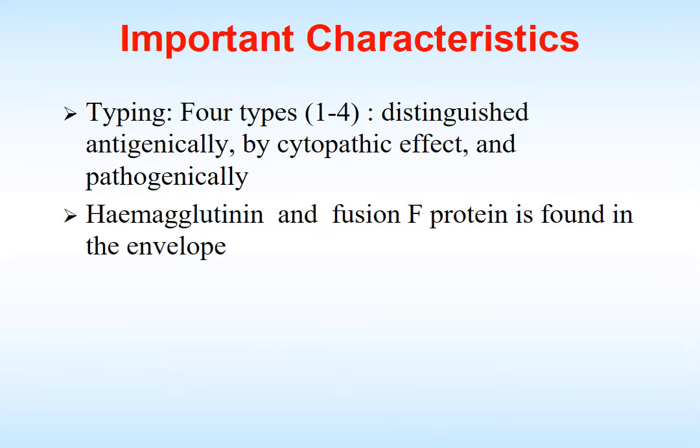Important characteristics. Typically, there are 4 types, distinguished antigenically, by cytopathic effect and pathogenically. Hemagglutinin and fusion F protein are found in the envelope.